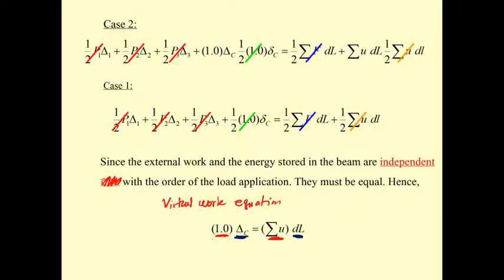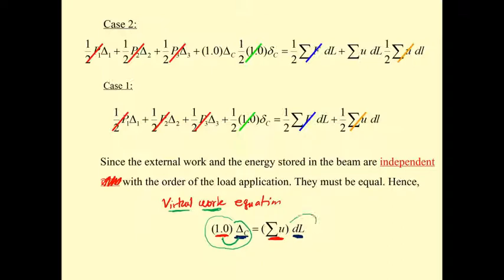When the force and the displacement interact together, it's going to be the work. And if the force is assumed, the work is virtual. Since this involves the external, we call it the external virtual work.